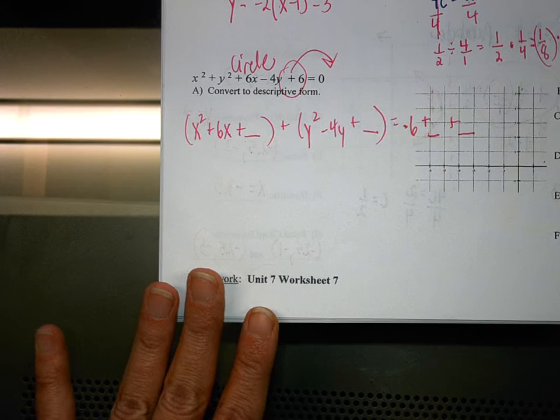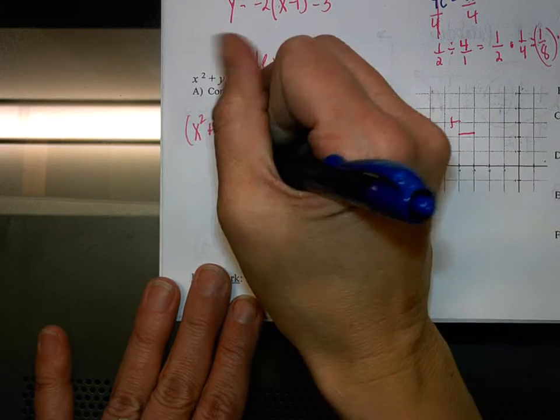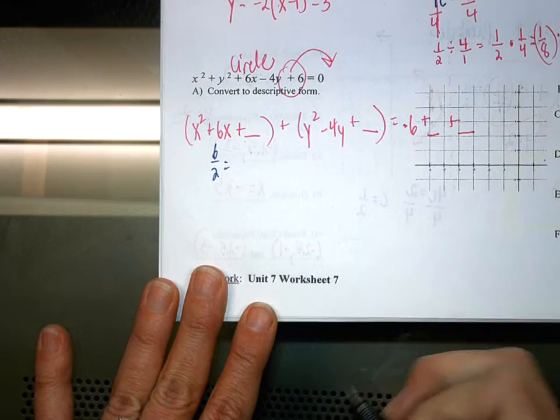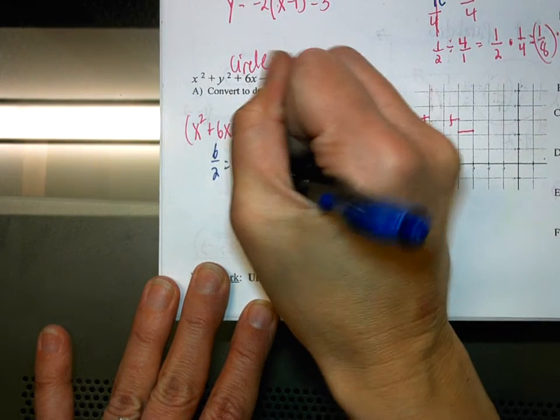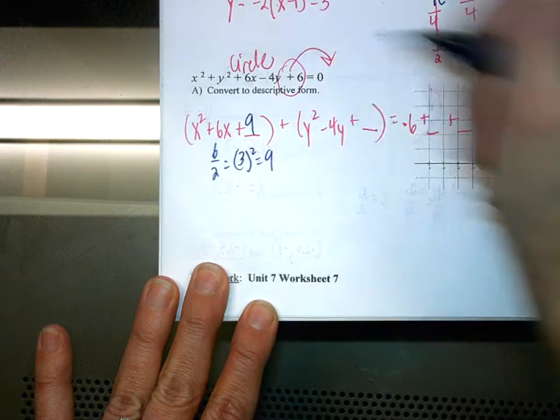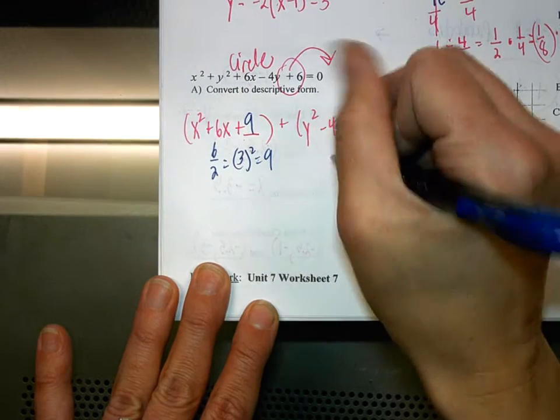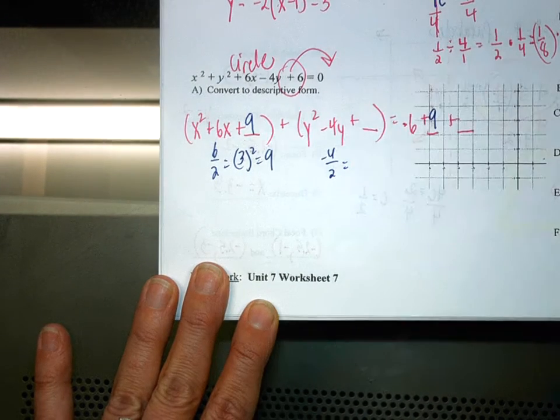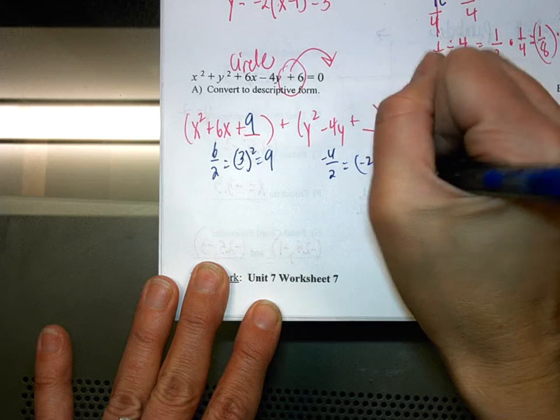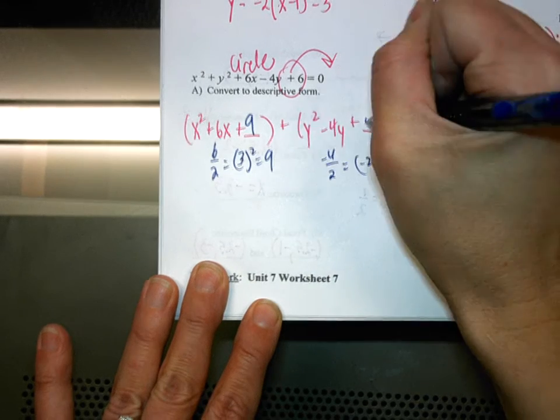Completing the square: 6 divided by 2 is 3, and 3 squared is 9. 9 goes into each of my first blanks. Negative 4 divided by 2 is negative 2, and negative 2 squared is 4. 4 goes in each of the second blanks.